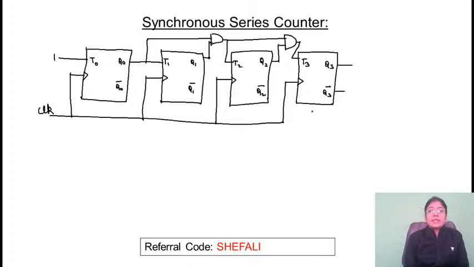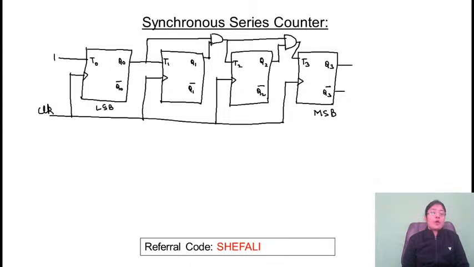Okay, so let's assume that Q3 is the most significant bit and this is the least significant bit. What will be the output? How many states would be there? Yes, total states possible are 16 because here we have 4 flip-flops.